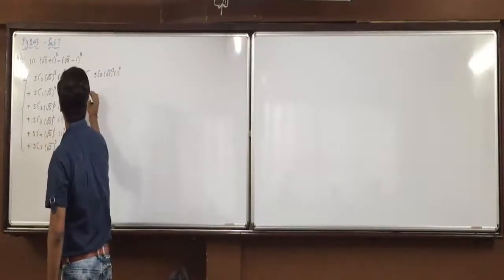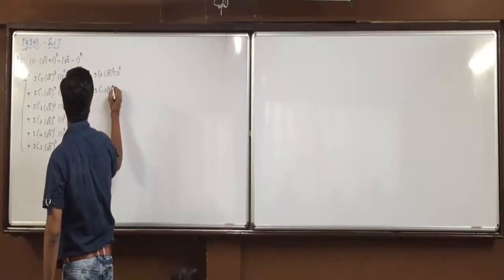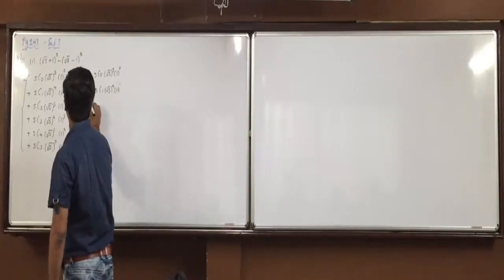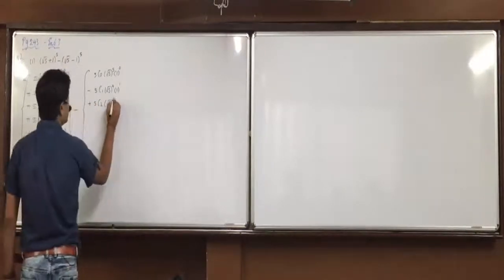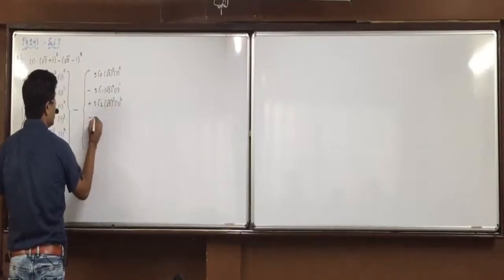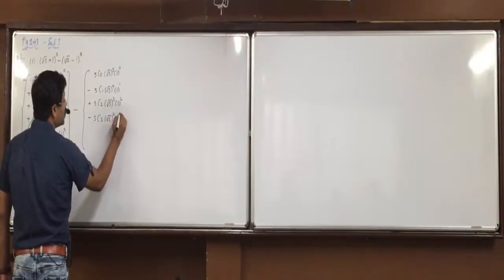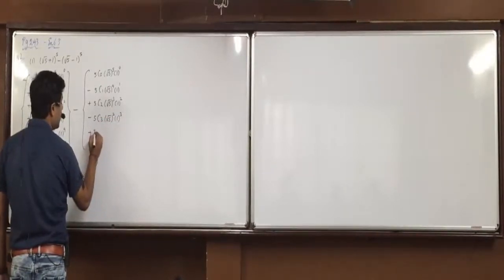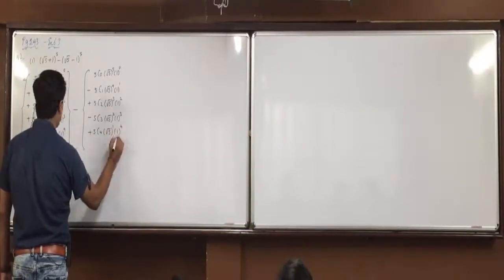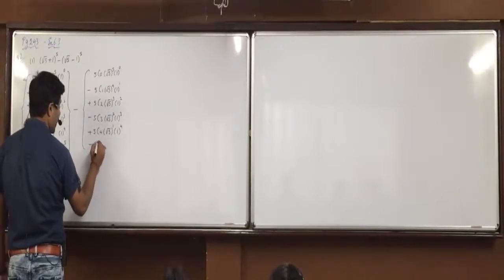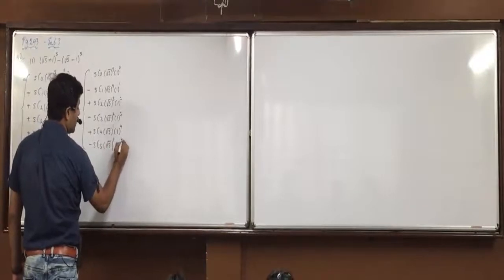Then instead of plus it will become minus: 5C1 root 5 raised to 4, 1 raised to 1, plus 5C2 root 5 raised to 3, 1 raised to 2, minus 5C3 root 5 raised to 2, 1 raised to 3, plus 5C4 root 5 raised to 1, 1 raised to 4, minus 5C5 root 5 raised to 0, 1 raised to 5.